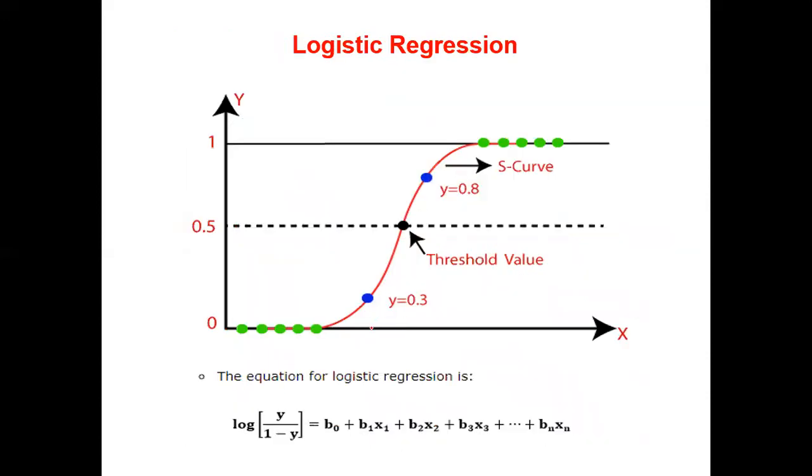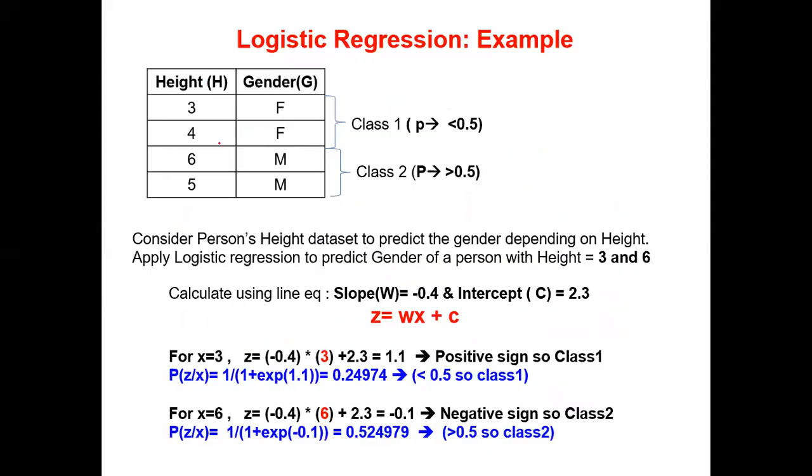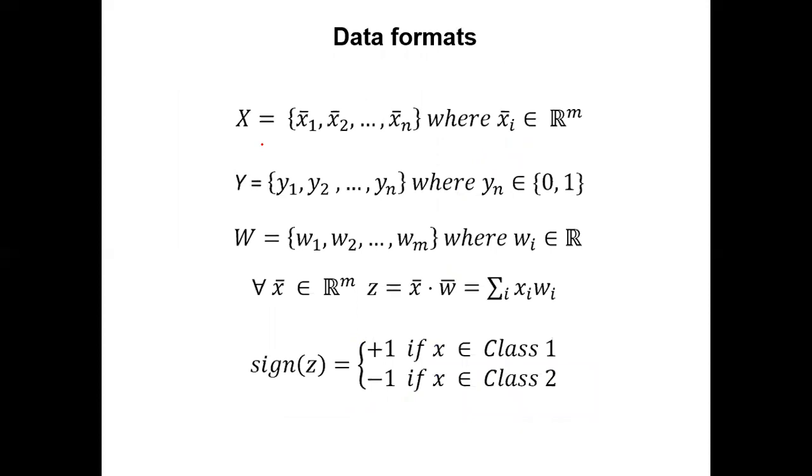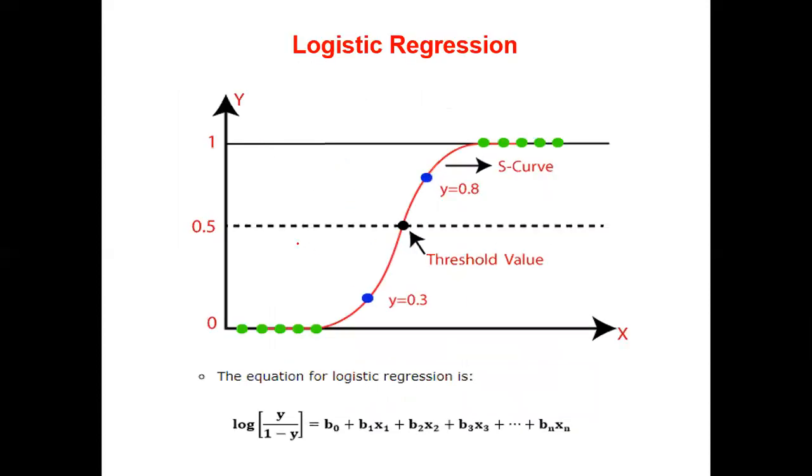In logistic regression techniques, we use the logistic regression equation, which is also represented by this formula. We use this equation to find the probability of the class label for the given query point, which we will discuss with one example. Before that, note that we find the probability of the class for the given query point.